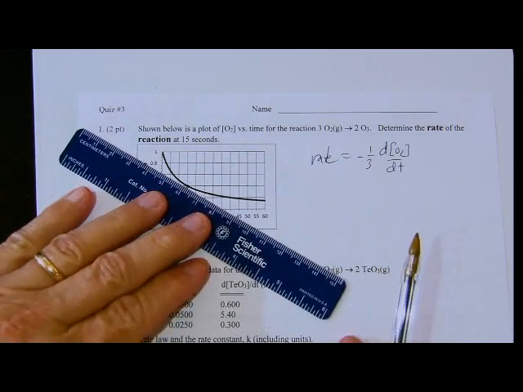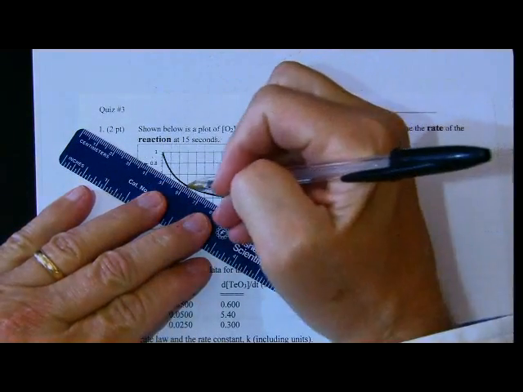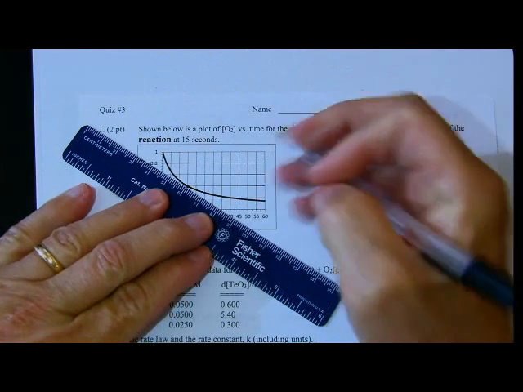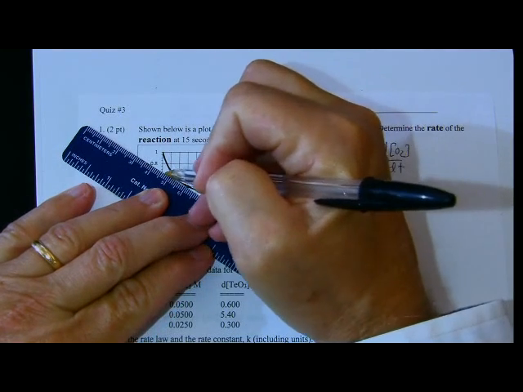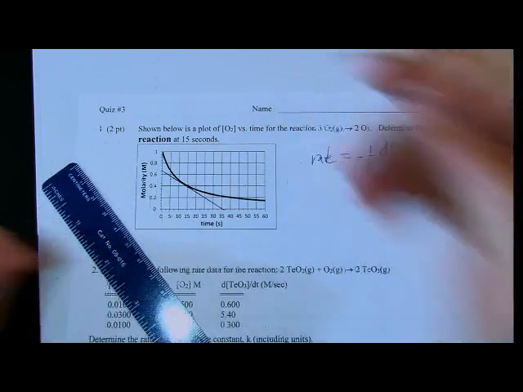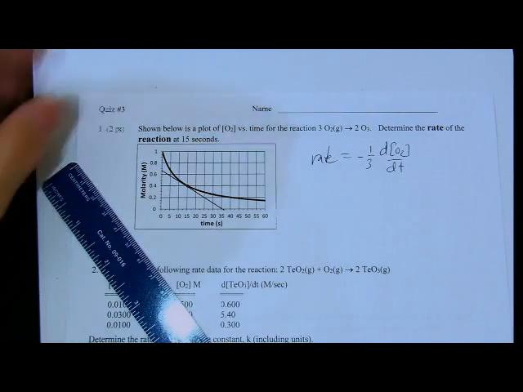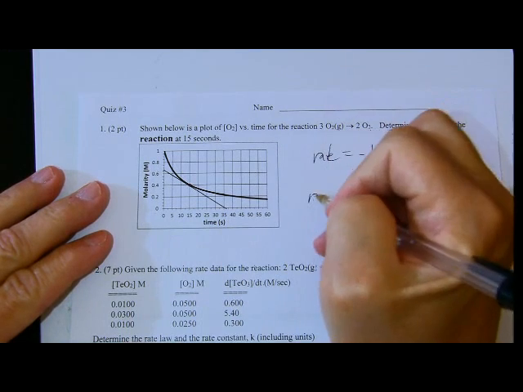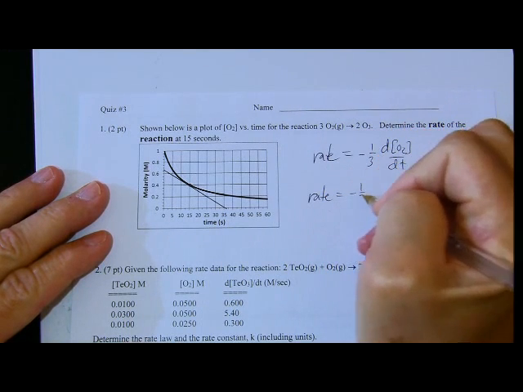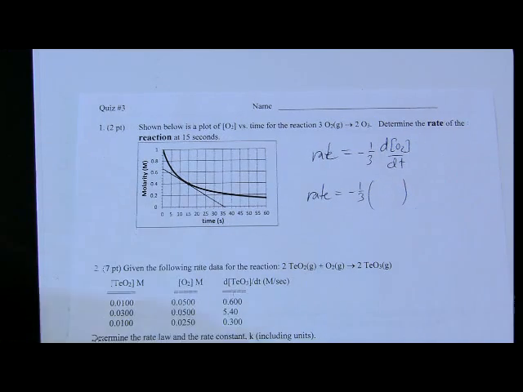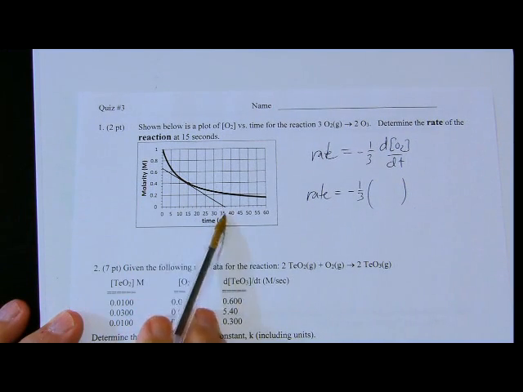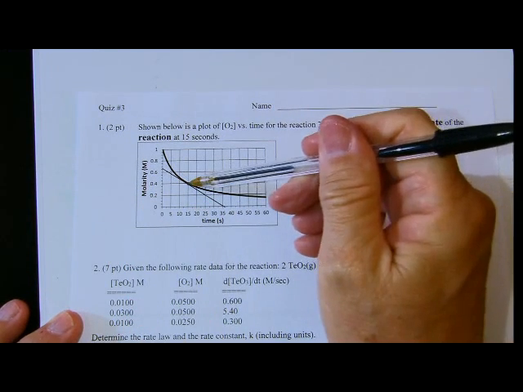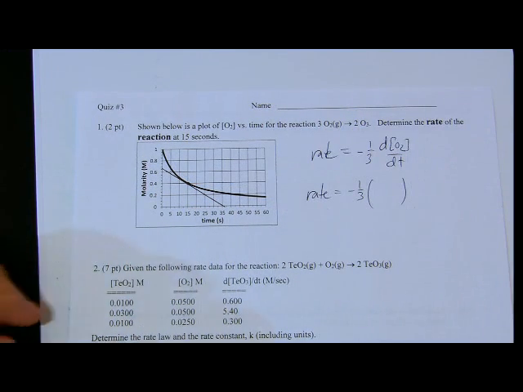So the way I did this problem is I made a straight line. You didn't have a straight edge, so I was very lenient about that part of it. The rate would then be minus 1/3 times a value for the slope of that line, the tangent of the curve at 15 seconds.